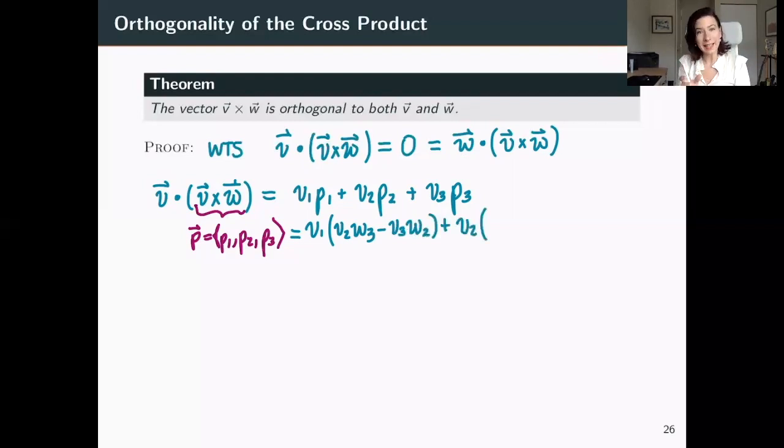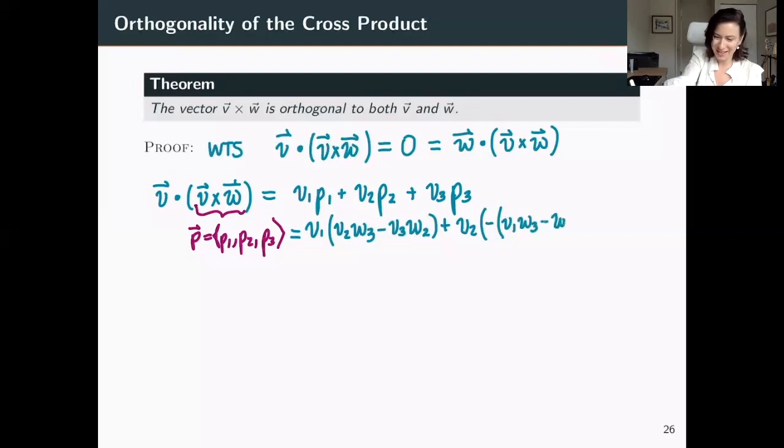Remember that the second component is going to be the negative of v1 w3 minus v3 w1, plus we have that final component, v3 times we'll have v1 w2 minus v2 w1. Sorry for the squeeze there at the end.